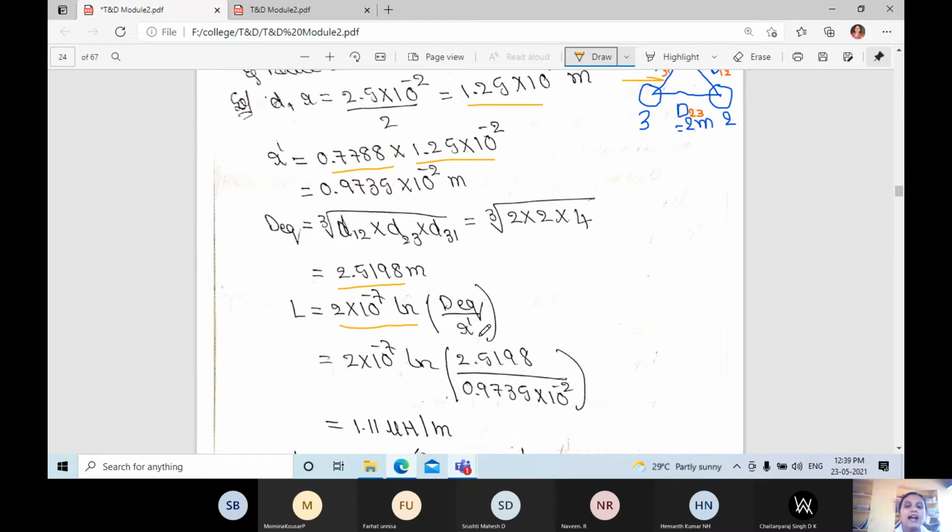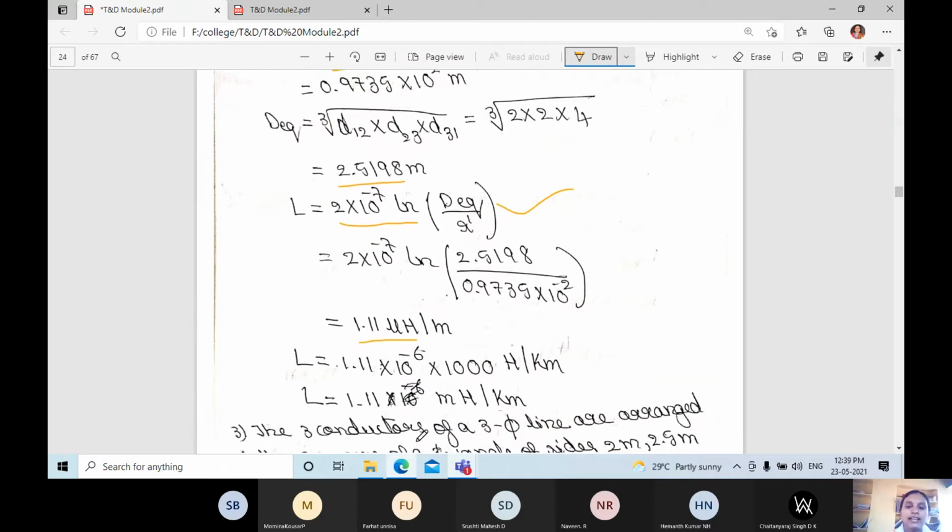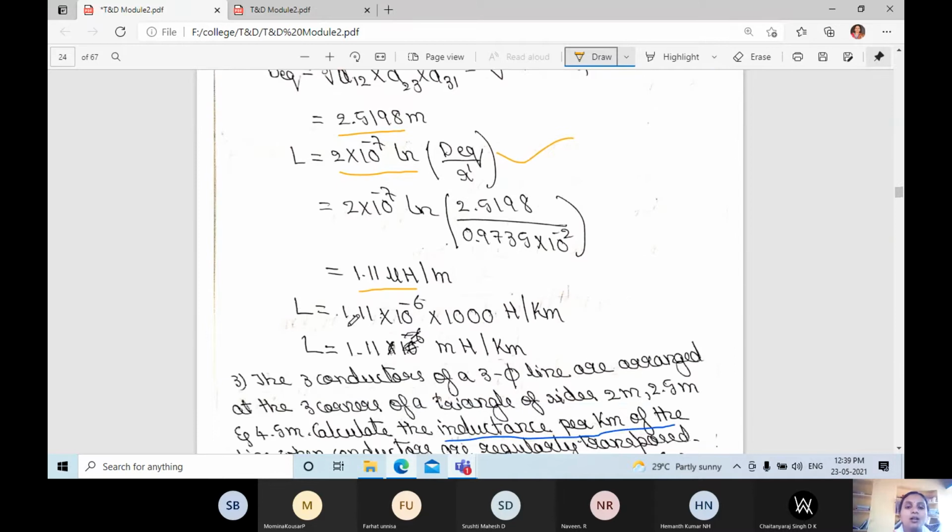This is for unsymmetrical spacing with transposed conductors, so that equation is the transposed equation. If you calculate with the D equation value and the R dash value, you get 1.11 micro Henry per meter.